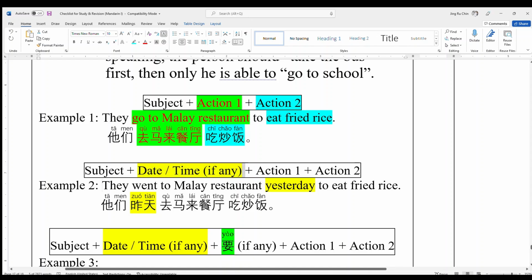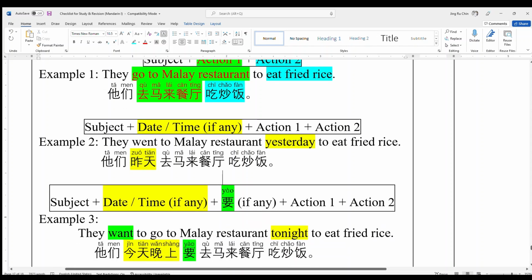Okay, you see here. They went to Malay restaurant yesterday to eat fried rice. Yesterday dia muncul dekat sini. But in Mandarin cannot. You need to put it before the action 1 and action 2. Yesterday is 昨天. So you see, after 昨天, action 1, go to Malay restaurant, then the second action is eat fried rice.